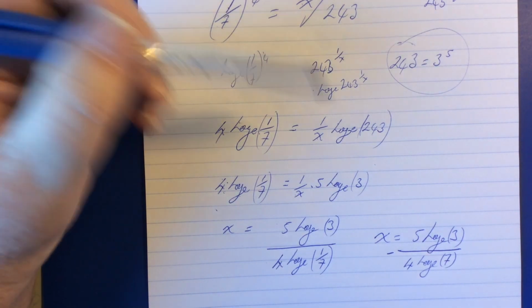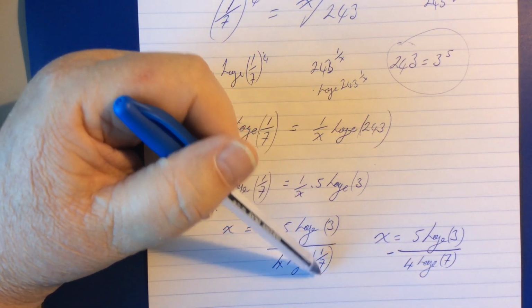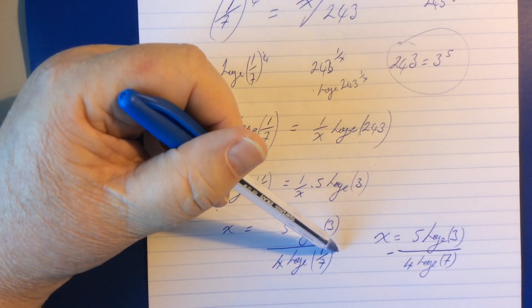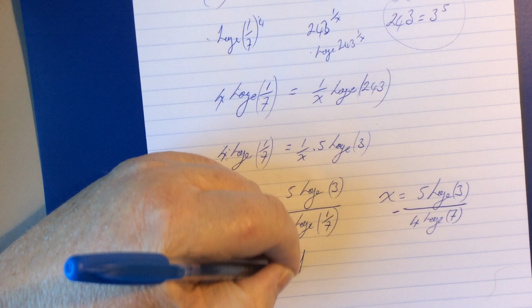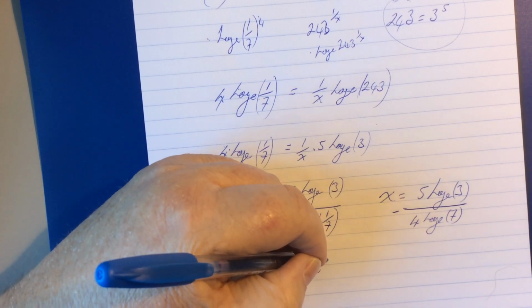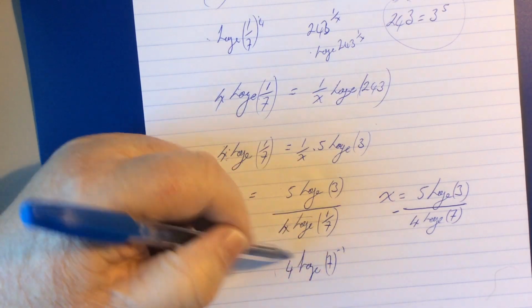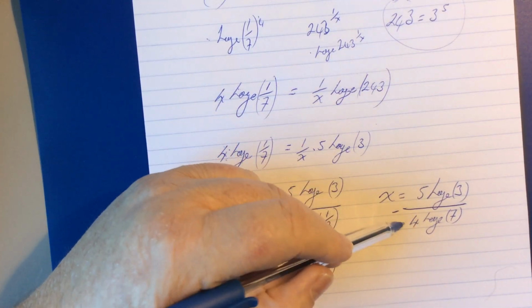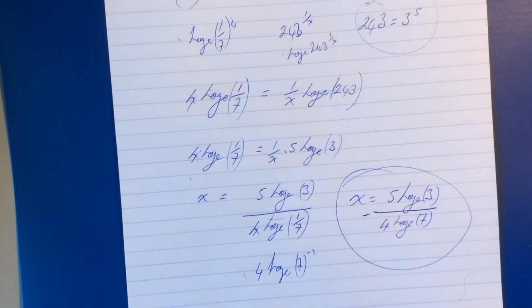So 1 over 7 is 7 to the power of negative 1. So I'll do it, it's just easier if I do it. 4 log e 7 to the negative 1. That and that are the same. So what I've done is I've taken the negative 1 down here and I've multiplied through by that. And that is the net result.